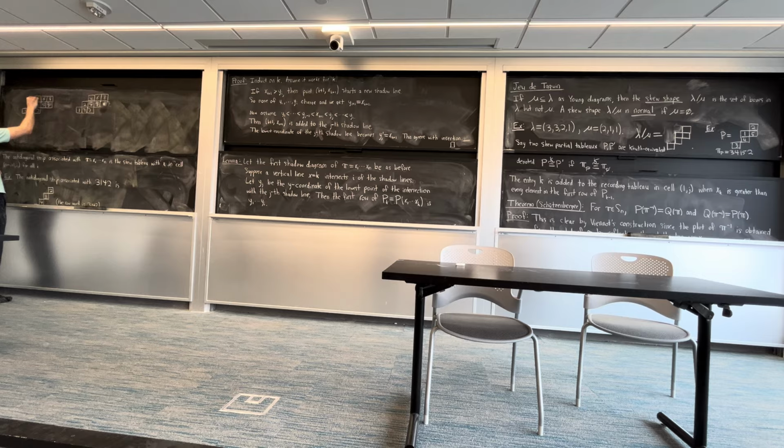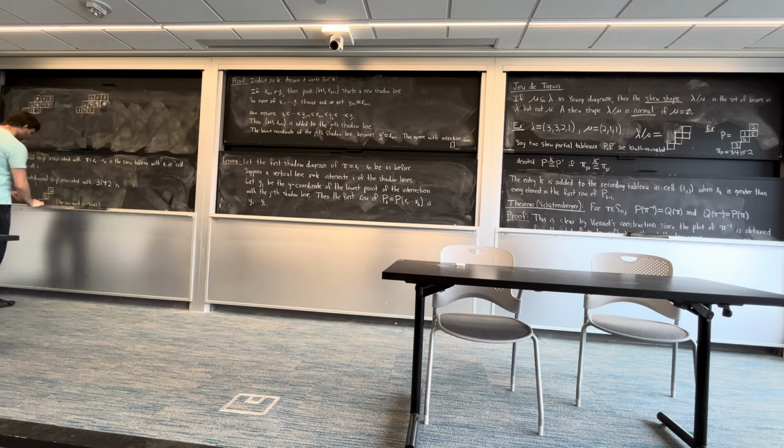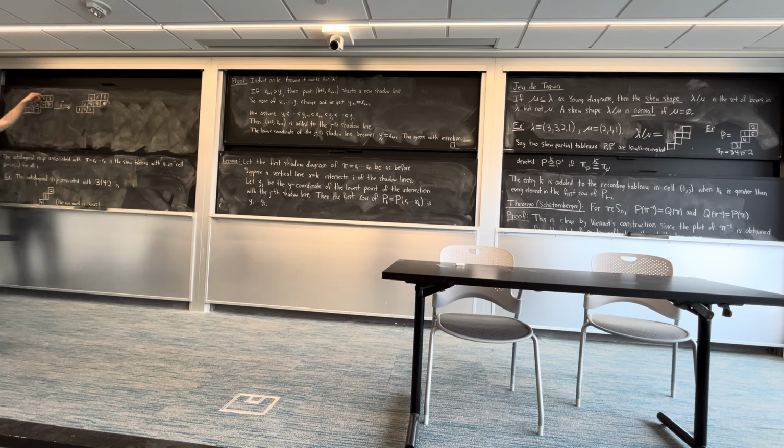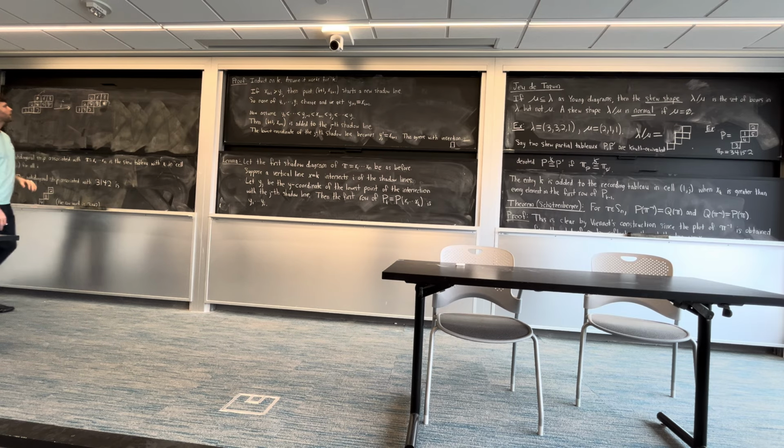This is my C. Then I could say there's this map which I'll call JC, and it sends this tableau to this tableau here, except you ignore the dot. Just think of this as a tableau without the dot. The dot is just there to remind you where you started, and then you can ignore the dot.